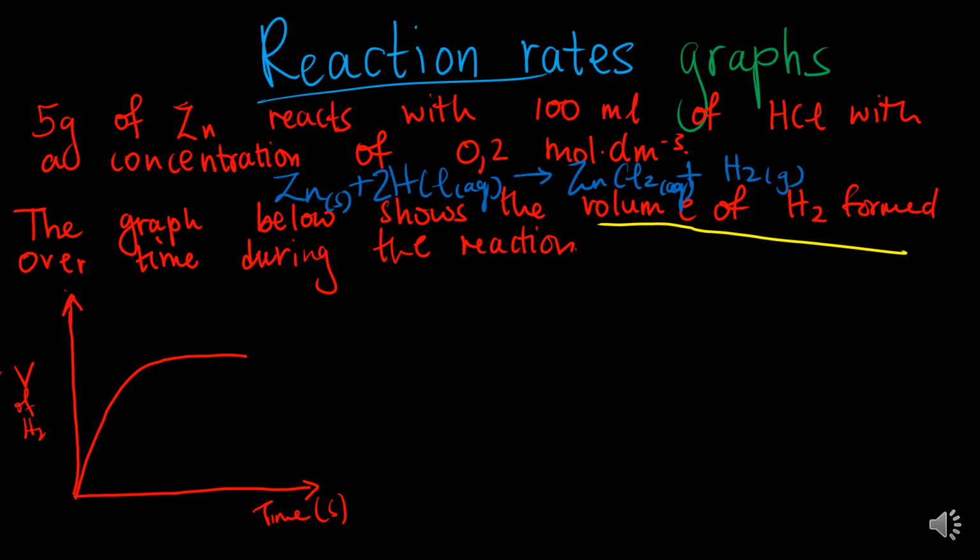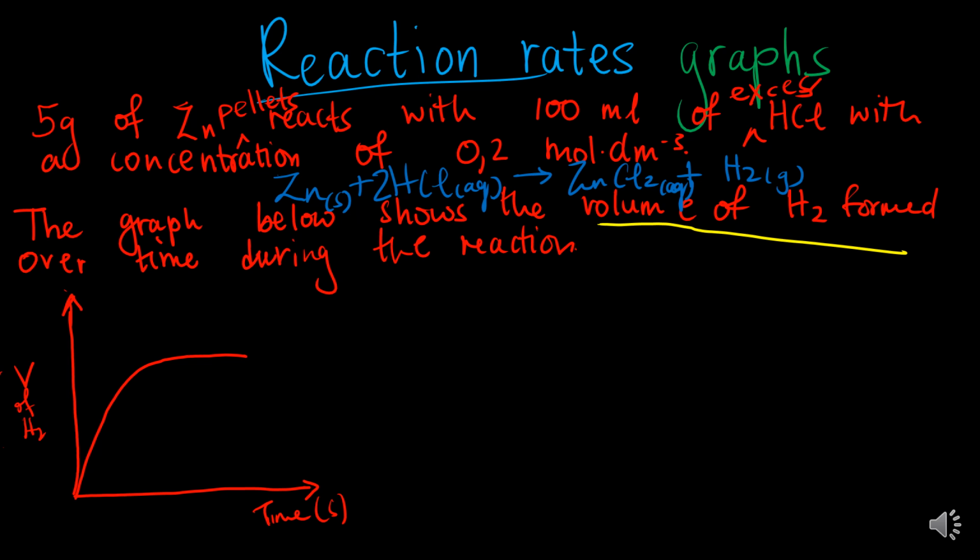Let's say they say that the 5 grams of zinc being used is zinc pellets to begin with. 5 grams of zinc pellets reacts with 100 milliliters of excess HCl, right? Now this shows the amount of product formed, the H2, which is a gas.